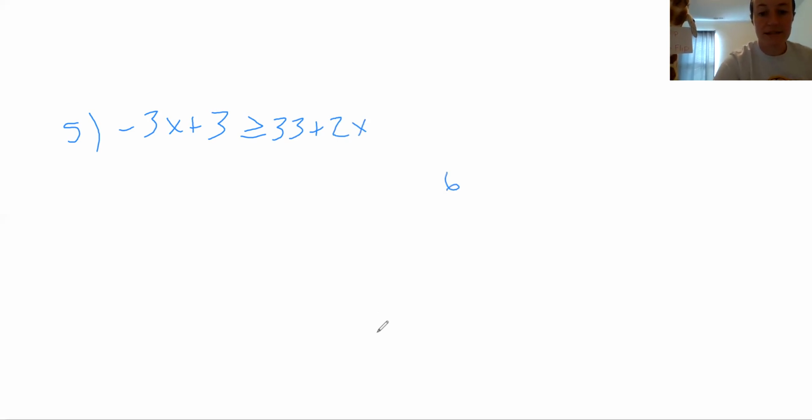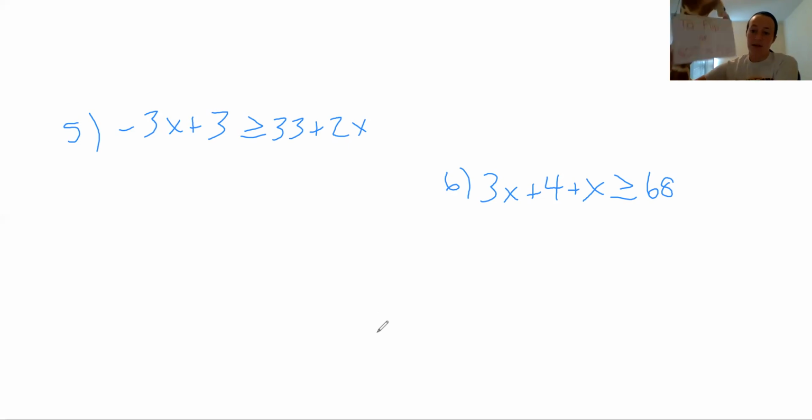And then the last example that I want you to try is 3x plus 4 plus x is greater than or equal to 68. Pause the video, try those 3 problems for me. Once you have solved them and graphed them, play the video again. Think about giraffe, okay? Every time, are we supposed to flip or not to flip? Giraffe is watching you, and then we'll see how we did.